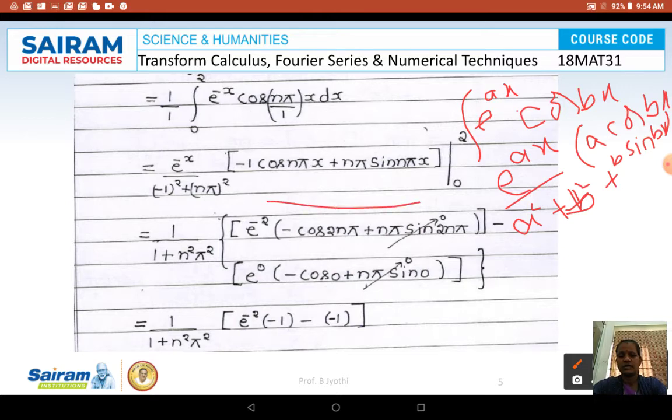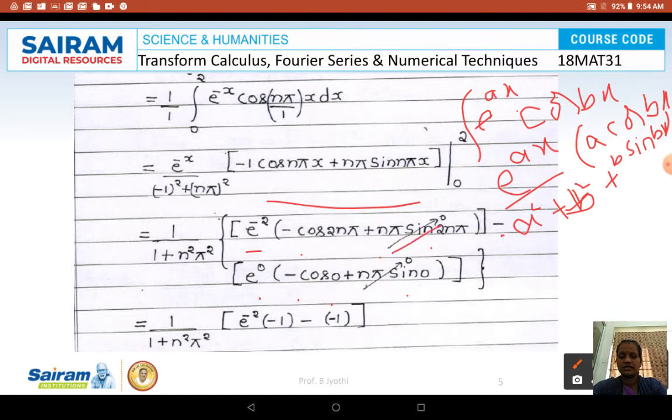Now e to the power of ax, on substitution of limits 0 to 2, e to the power of minus x is taken inside and 1 divided by 1 plus n squared pi square, e to the power of minus 2 into minus cos 2n pi plus n pi sin 2n pi, minus of, when we substitute the lower limit, e power 0 into minus cos 0 plus n pi sin 0.